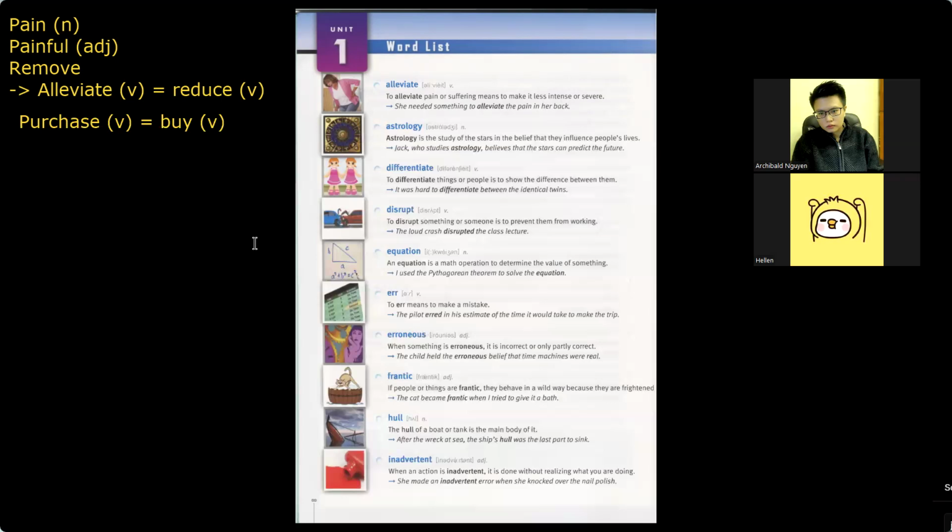If I want to purchase medicines, I will go to the pharmacy to buy it. We pronounce it purchase. All right, purchase.